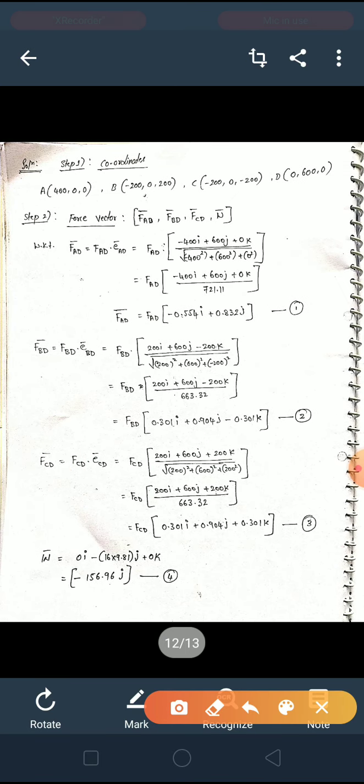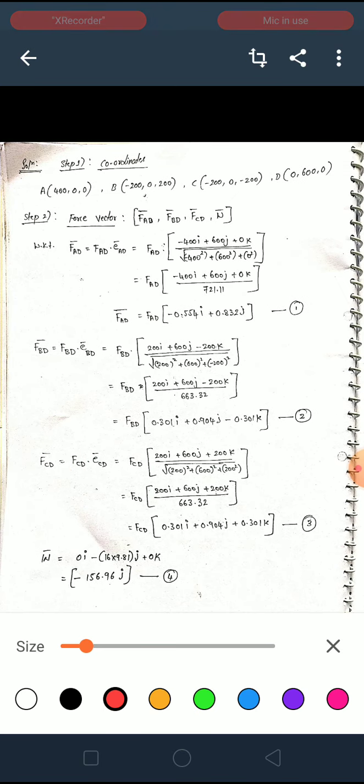So you can see here the equation: minus 0.554 FAD plus 0.301 FBD plus 0.301 FCD, and the weight vector's x component was 0. Okay, similarly you go with the y components. So what are the y components? Here 0.832 FAD, then here 0.904 FBD, then here 0.904 FCD, and here -156.96 is the y component.